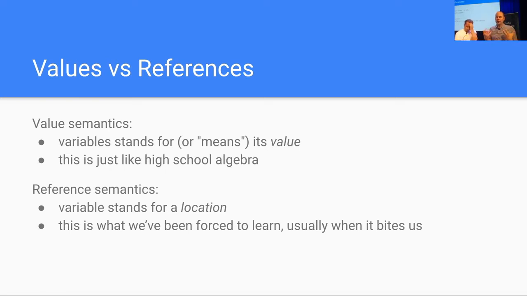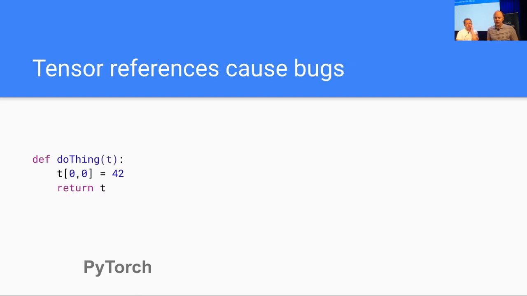This is what you expect out of basic things that you interact with on a daily basis. Reference semantics are weird, if you think about it. So what we're doing is we're saying that X is a name for something else. And so we usually don't think about this until it comes around to bite us. And so this is kind of a problem. And let's dive in a little bit to understand why this causes problems.